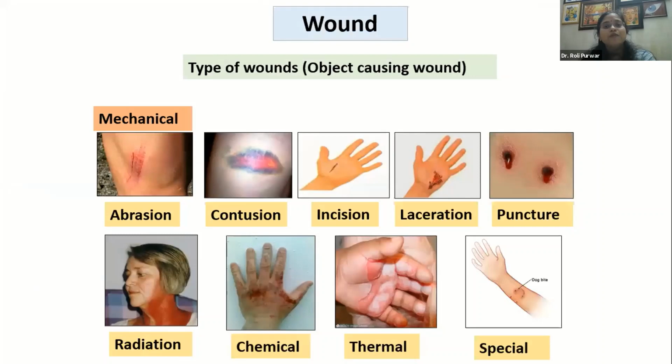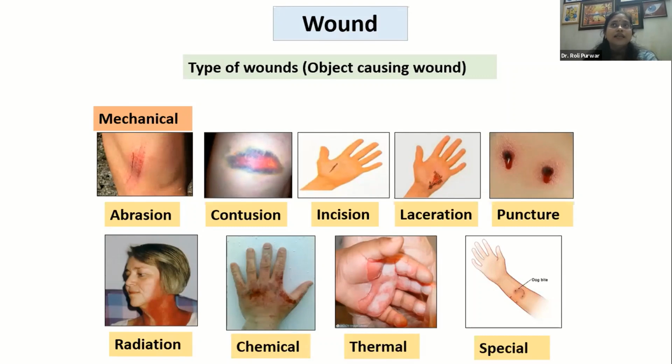Here we have types of wounds, like abrasion, contusion, incision, laceration, and punctures. So there are a number of wounds defined by doctors, and whatever tissue construct we are making or wound dressing we are designing depends on what kind of situation is there in the wound.